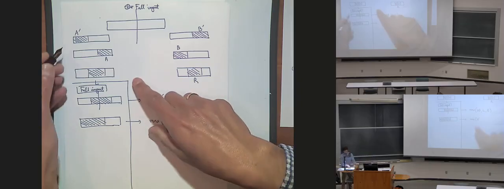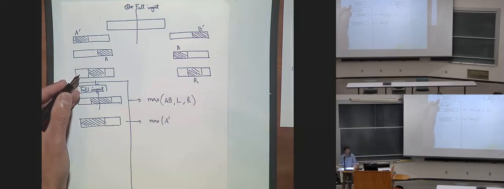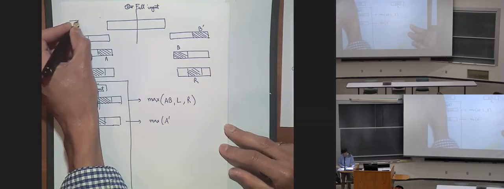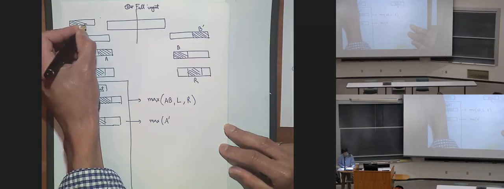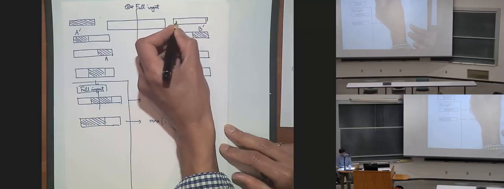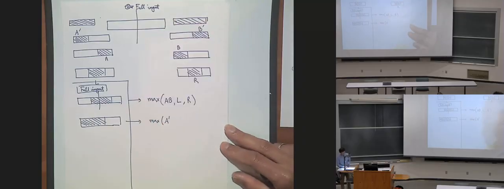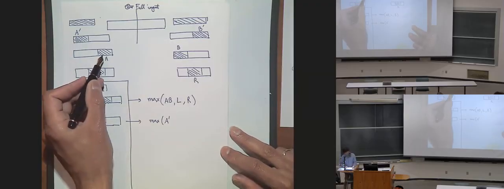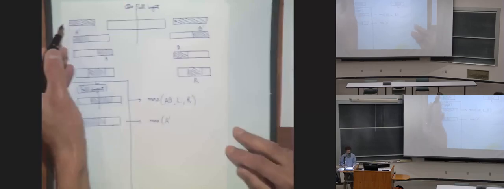So it's going to return not 3 things now, but 5 things. So return A prime, A, L, and it's also just going to return the product of everything. So it has to return 4 things: the max of this kind, the max of that kind, the max overall, and just the product of everything.